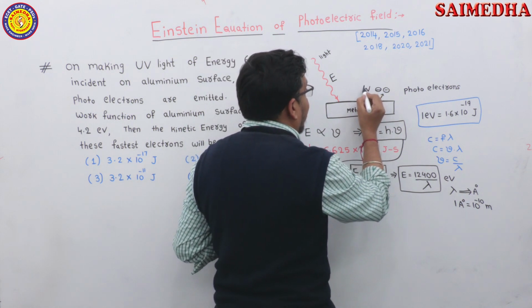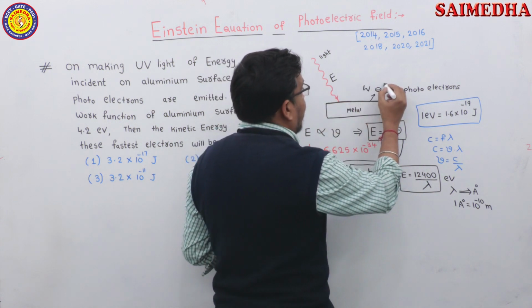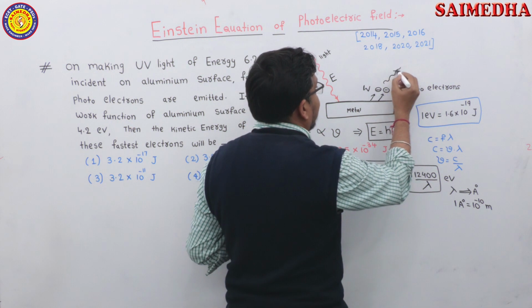The remaining energy is given to emitted electrons as kinetic energy.